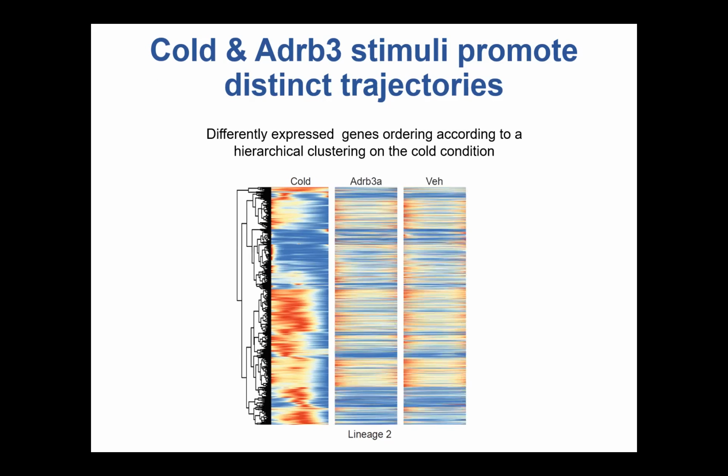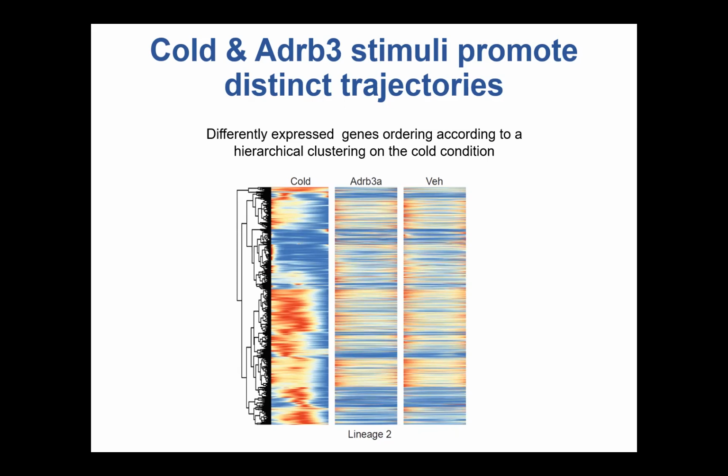What we found is that there were again differences in the pathways driving the movement within lineage 2 in cold condition compared to other conditions. So we wanted to understand what are those major pathways that are driving this beige adipogenesis.